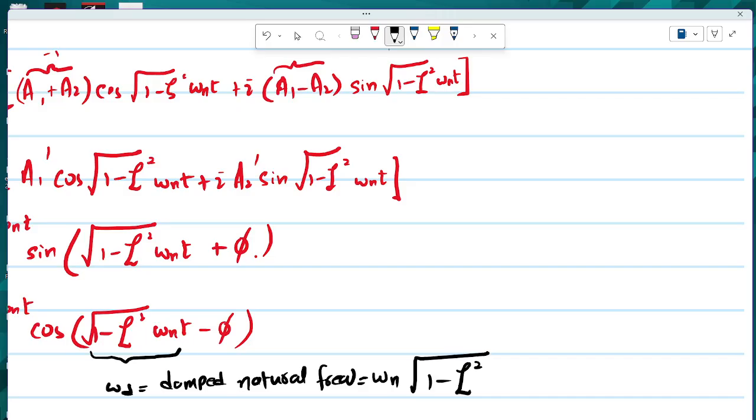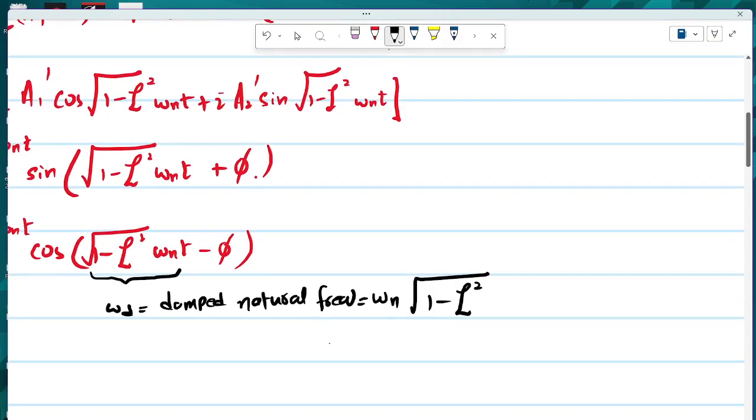So you can write it as cosine(ωd t − φ), or sine(ωd t + φ). This expression is called the damped natural frequency. It tells us the natural frequency of the system once damping is added, and it will always be less than ωn.